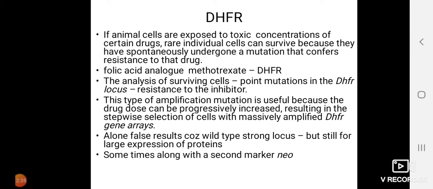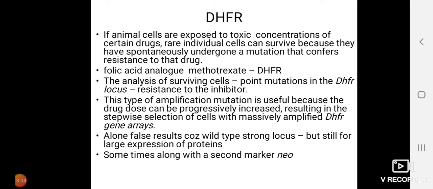Why? Because people have found that methotrexate, an analog of folic acid, can inhibit dihydrofolate reductase. But in a few cells which show a little more resistance to methotrexate, it was found that there is a point mutation in the dihydrofolate reductase locus which induces resistance to methotrexate.